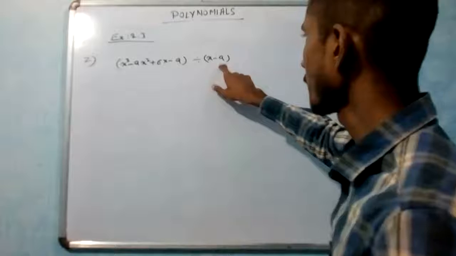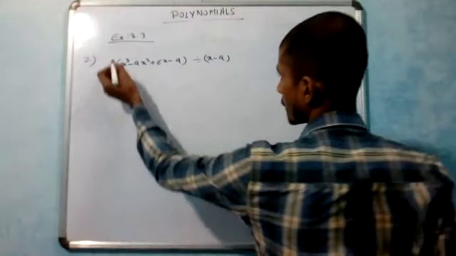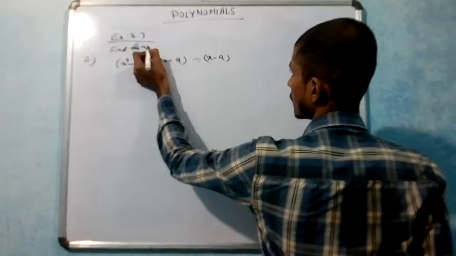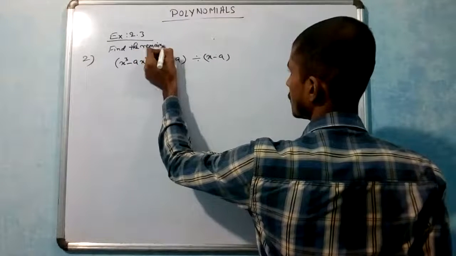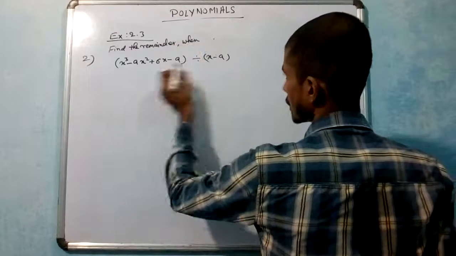This is getting divided by x minus a. So the question is, find the remainder when this is divided by this.